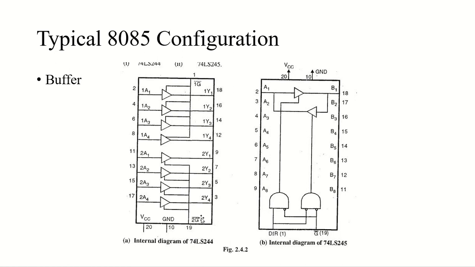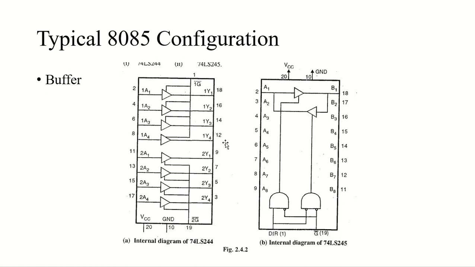It consists of 16 non-inverting buffers, and you can count all of them here. Actually, these are pins, not exactly buffers, but you can count them. Starting from 2 to 9, and then it goes from 11 to 18, right?